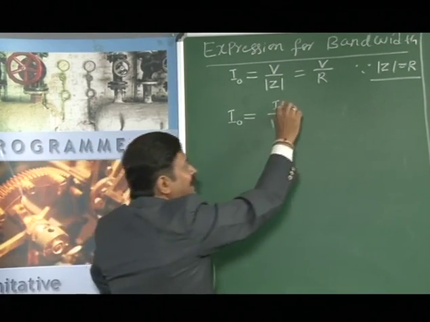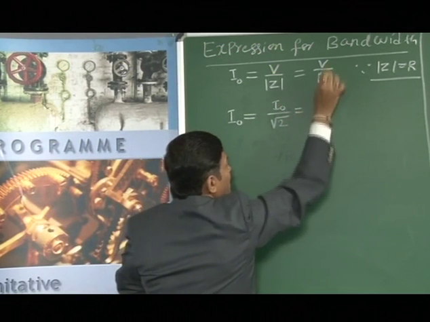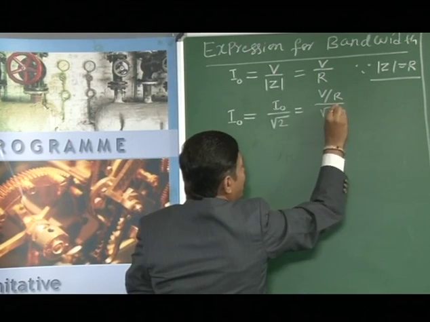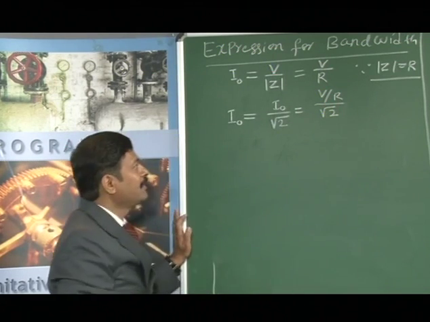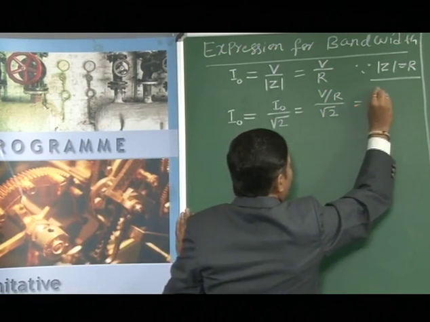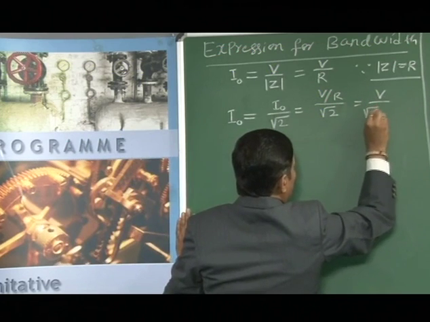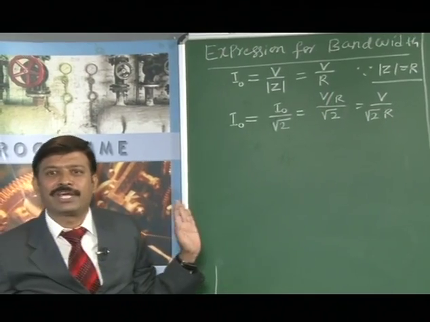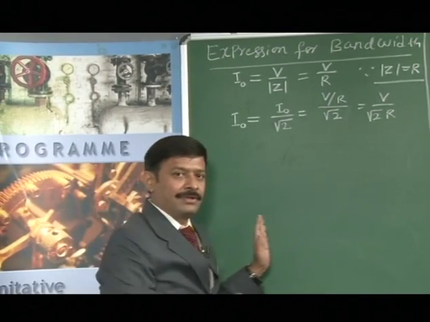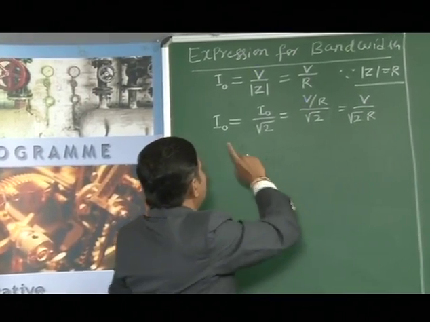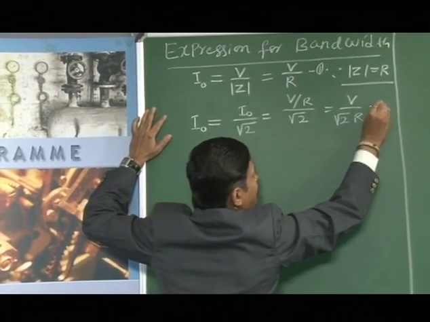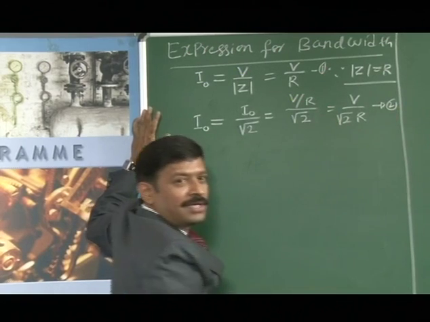So, in place of I naught, I will substitute this V by R over root 2. This is equal to V by root 2 times R. Now, this you call equation number 1, and this you call equation number 2.